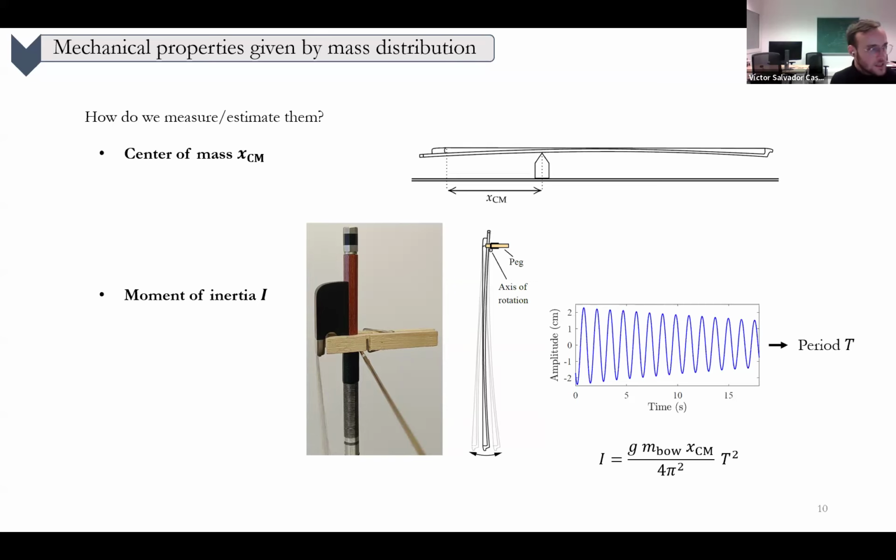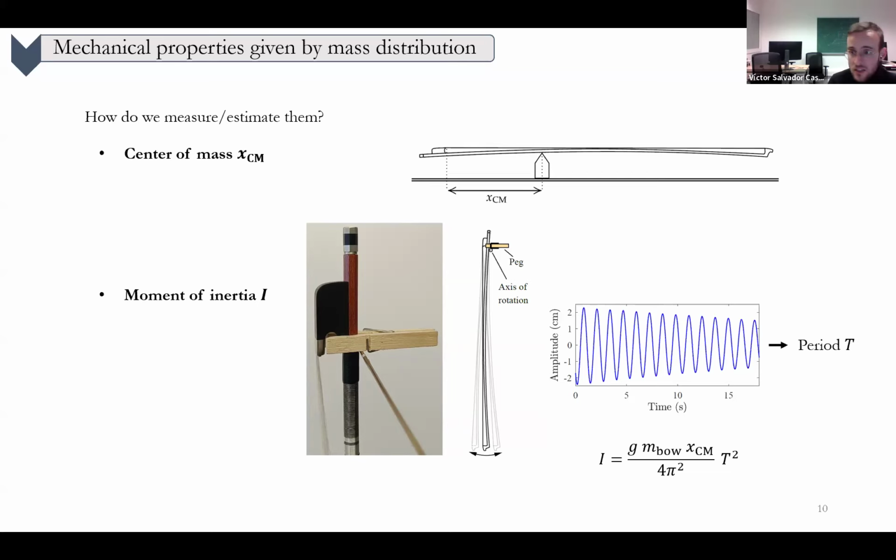And also here I am showing what you can see in this axis, which is the rotation axis. It's a simple metal rod that I used, and I made sure that the bow could oscillate freely around this position.